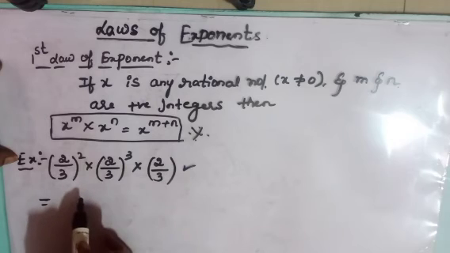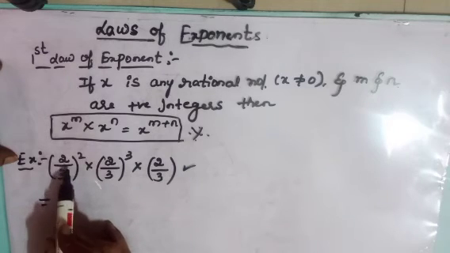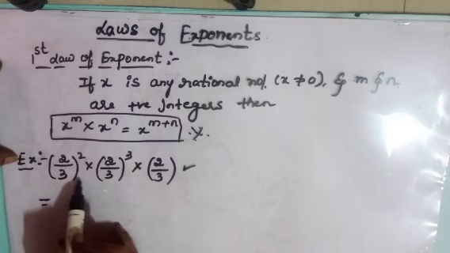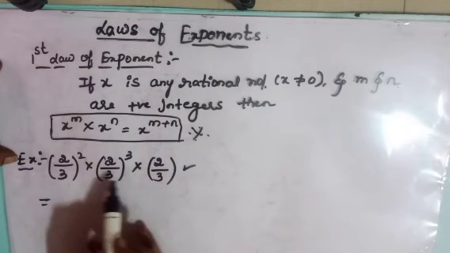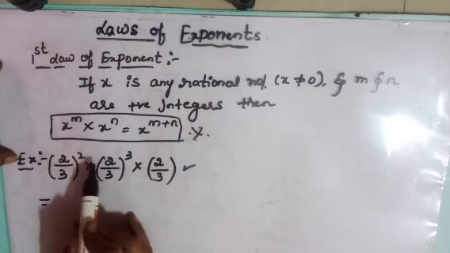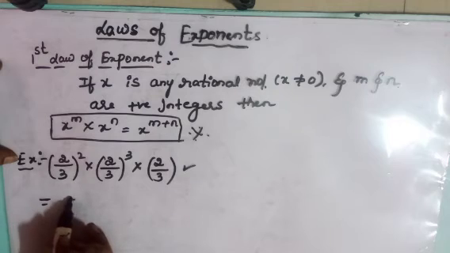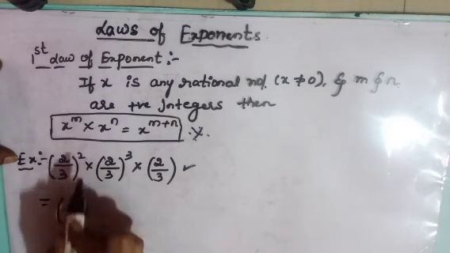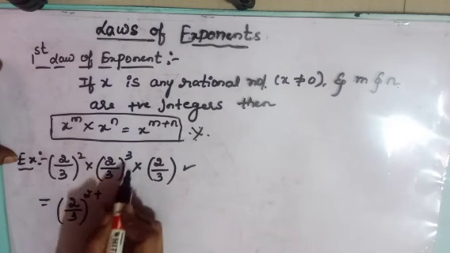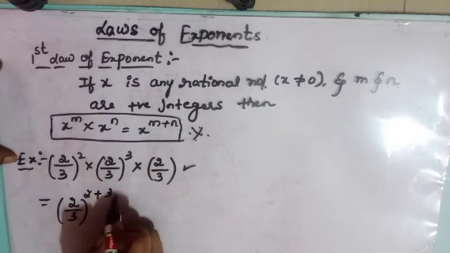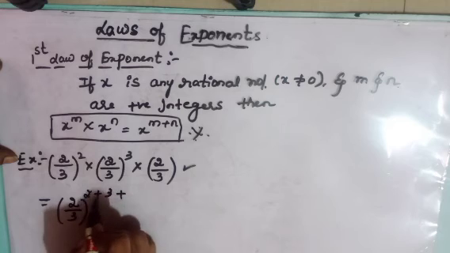So we can apply this first law here in this example. See, in this example 2 by 3 is the base, so we can find that the bases are same. So when the bases are same, we can add the powers. So how to add means 2 by 3 whole to the power of 2 plus 3 plus, we have to write the symbol here plus.